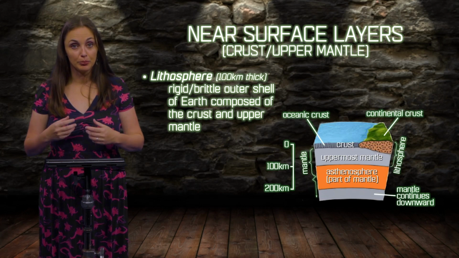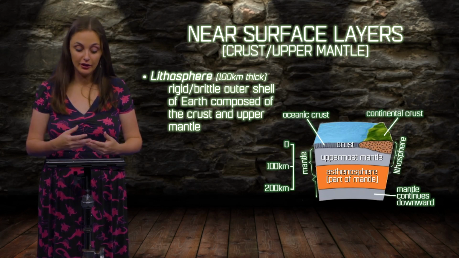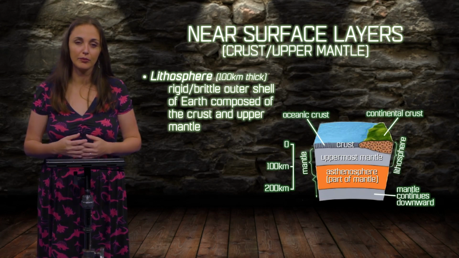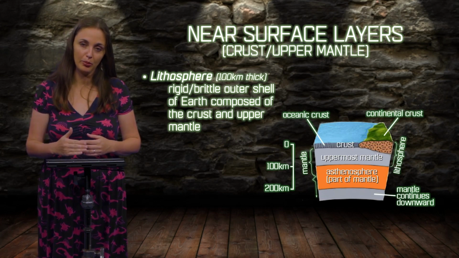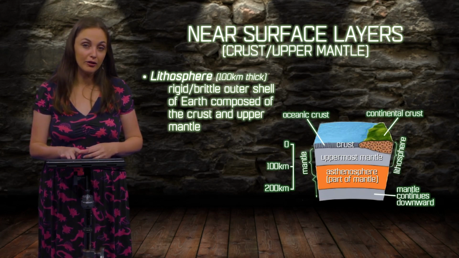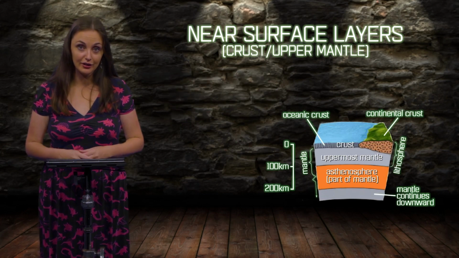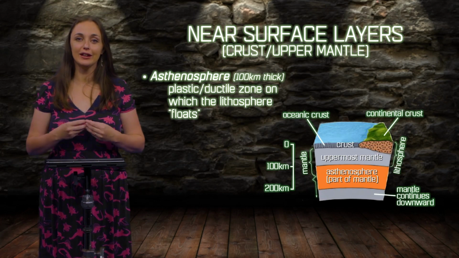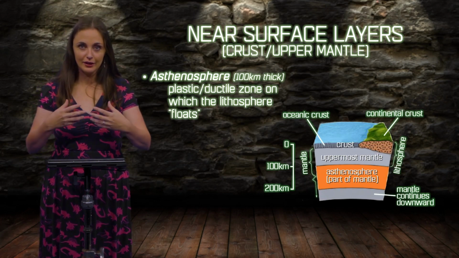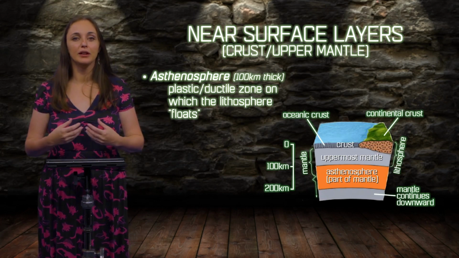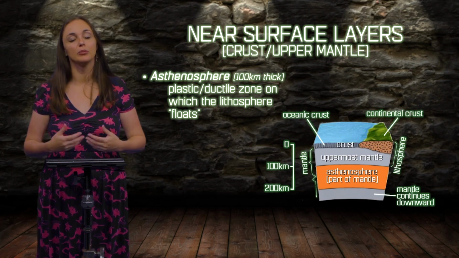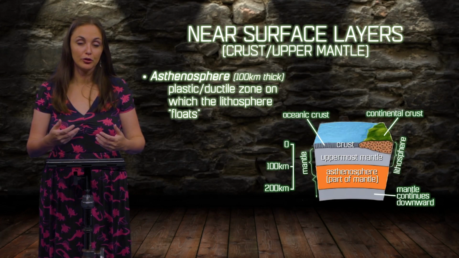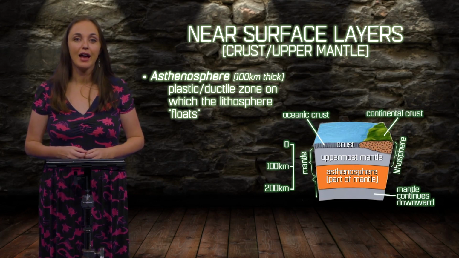So the rigid or brittle outer crust of the Earth is called the lithosphere. It's the first roughly 100 kilometers of the crust all the way down to part of the mantle. And then the part of the mantle that underlies the lithosphere is called the asthenosphere. The word lithos literally comes from Greek to mean something that's made out of stone, or to imply something that is brittle, something that would be similar to a rock on the Earth's surface.